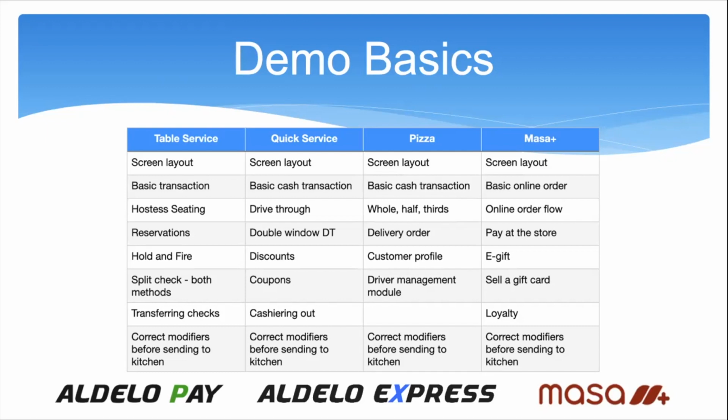Then do a basic transaction. I want you to do a basic one item cash type of transaction, something that's very simple, not elaborate. Don't get off in the weeds on it. Just do a simple transaction before you start getting into the more intricacies and the more difficult aspects of the software.